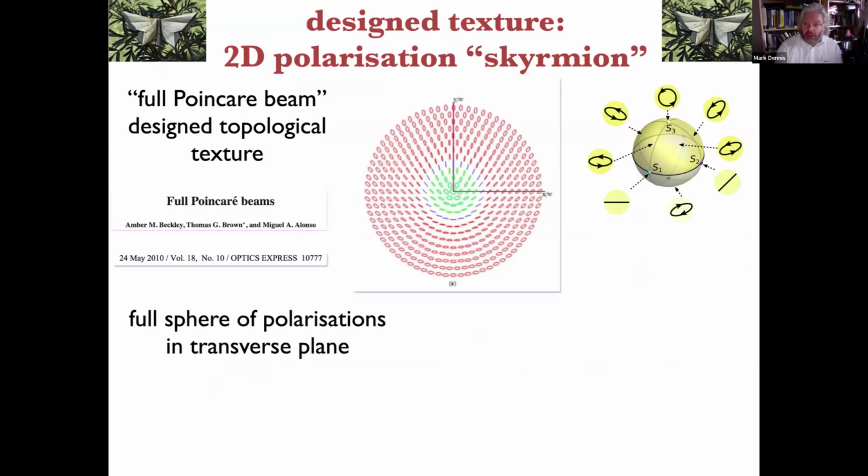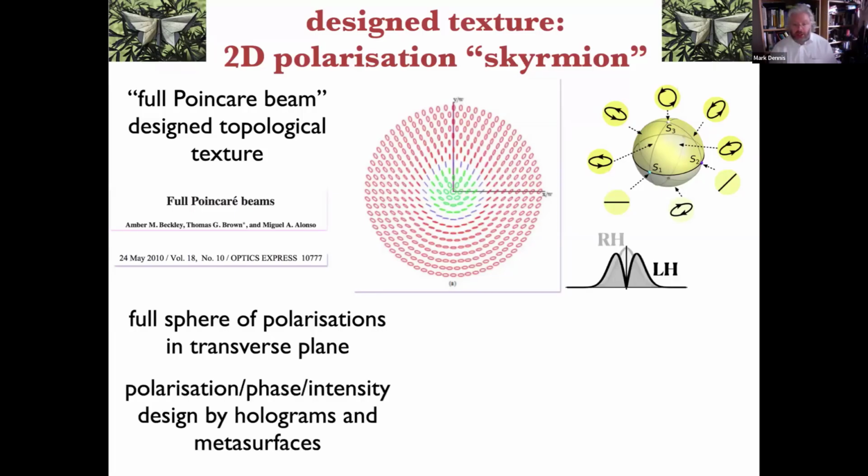The green is right-handed elliptic polarizations, the blue is linear polarizations, and the red is left-handed elliptic, if I remember correctly. And so it captures the full sphere of polarizations, which is a sort of high idea of a total topological map going from the entire XY space to the total Poincare sphere.